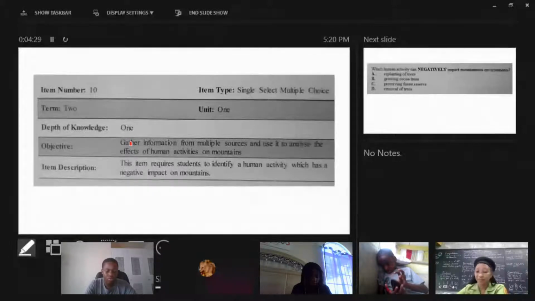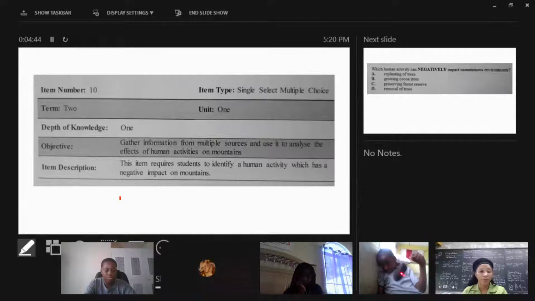Item number 10, objective: to gather information from multiple sources and use it to analyze the effects of human activities on mountains. This item requires students to identify a human activity which has a negative impact on mountains.